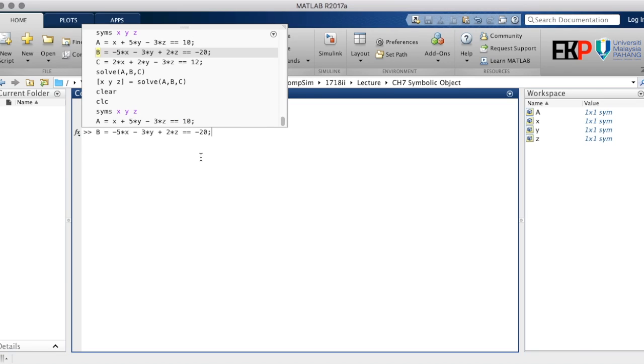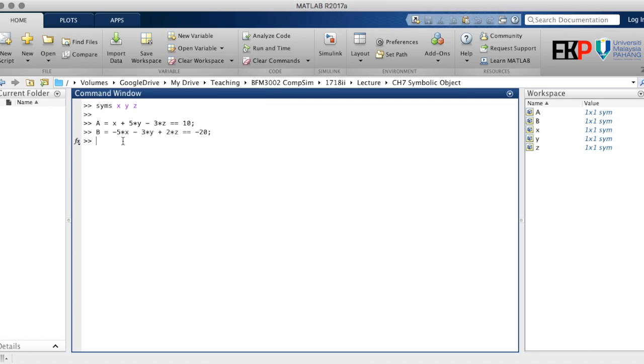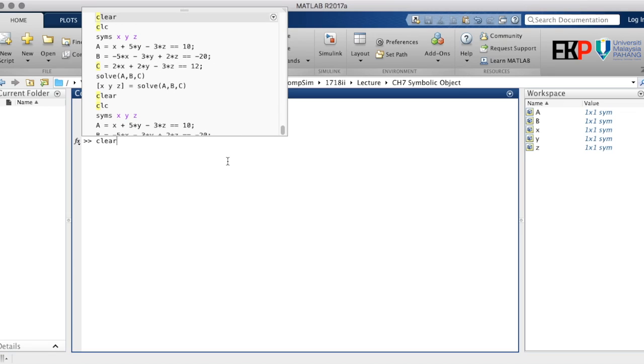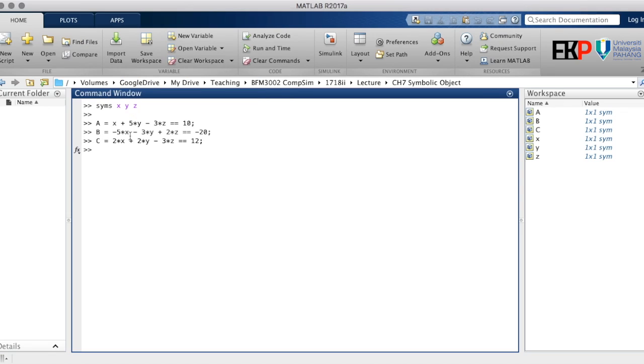So we write another equation B, for example, minus 5x minus 3y plus 2z equal to minus 20. And we have another equation C, that is 2x plus 2y minus 3z equals to 12. So in this case, we have three equations with three unknowns x, y, and z.